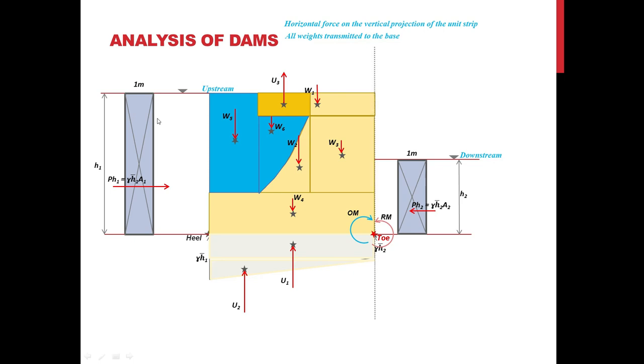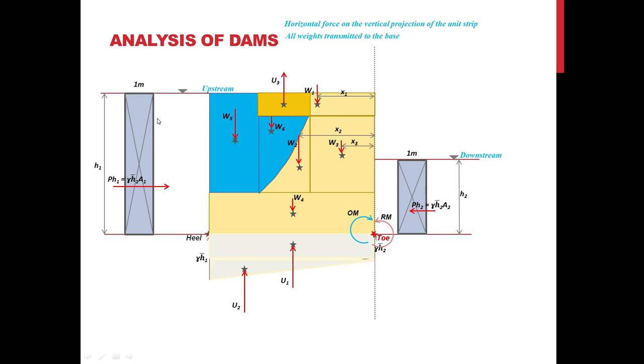To work on this OM and RM, we need to determine the distances of all of the forces to the toe. So W1 will have its corresponding distance from the toe, say this is x1. W2 will have its x2.